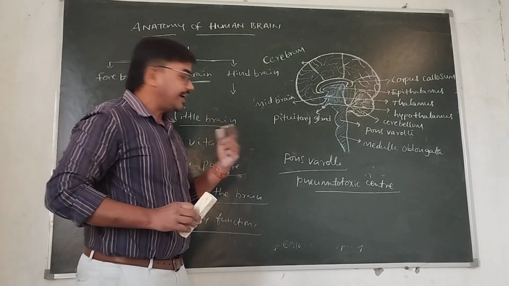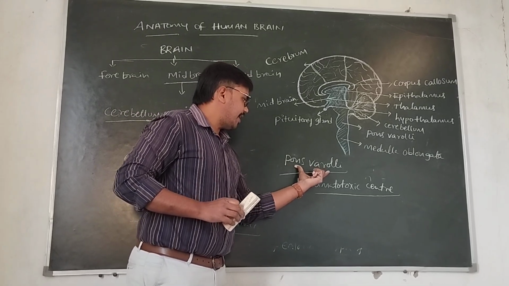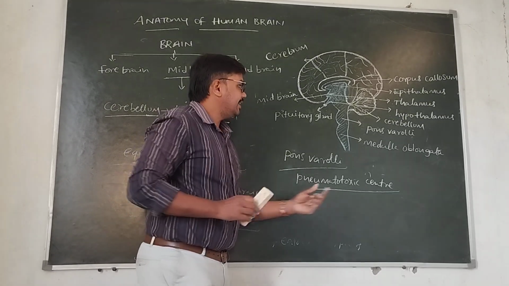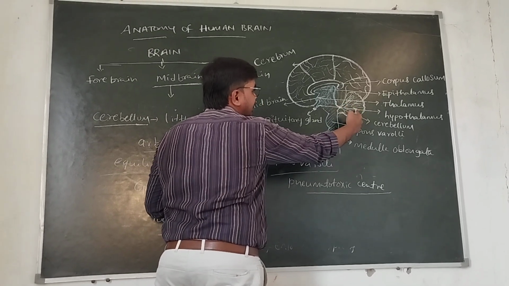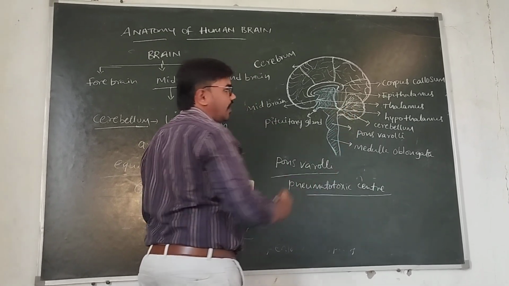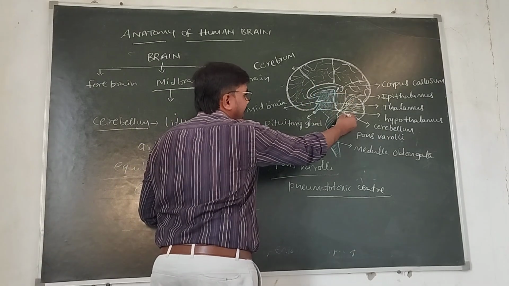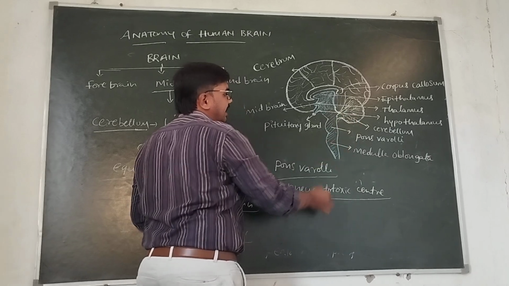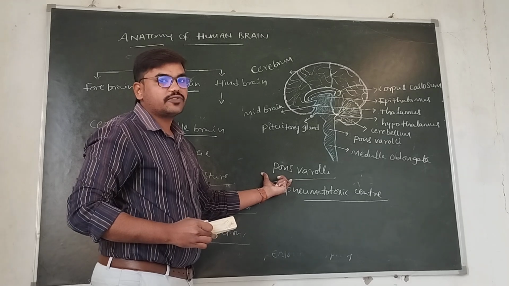These functions are performed by the pons varolii. The pons varolii also acts as a relay station between the cerebellum and spinal cord. That means it brings information from the cerebrum and sends signals from the cerebellum to the medulla oblongata. These are the functions of the pons varolii.